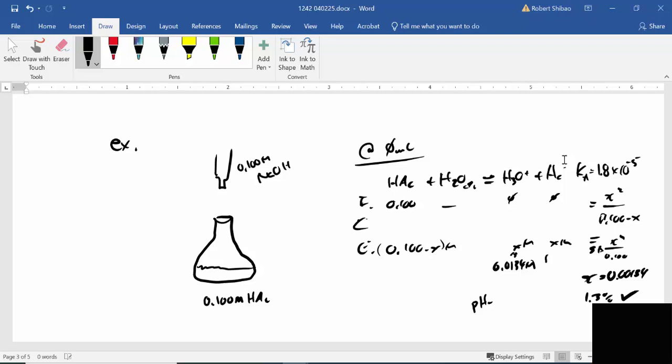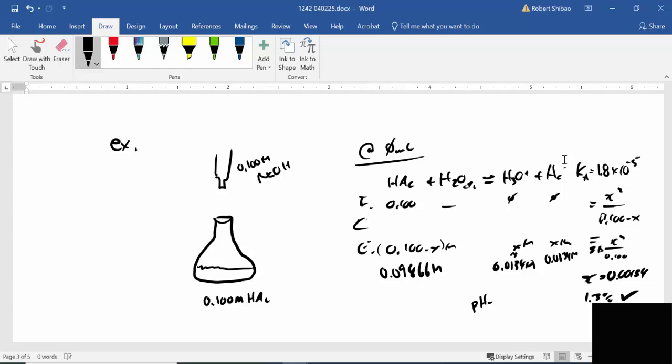So 0.0134 molar, and this is going to be 0.09866 molar. And so we'll just do a K check here, just to make sure it's okay.